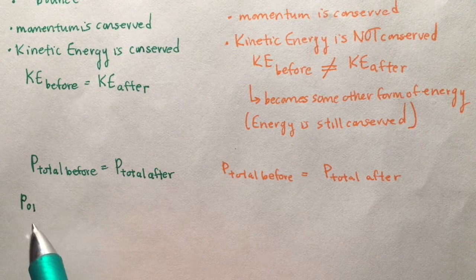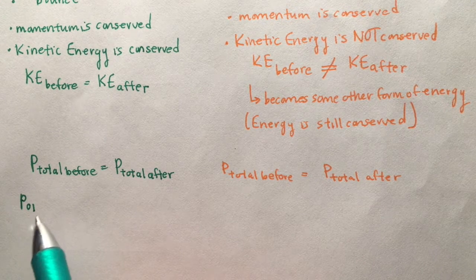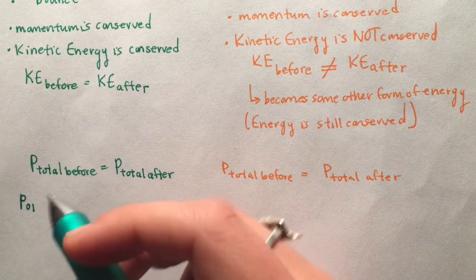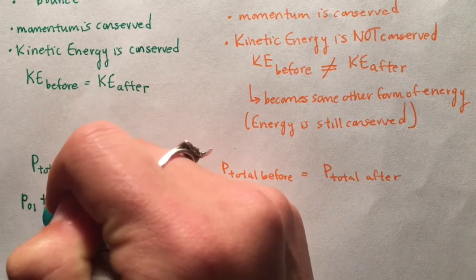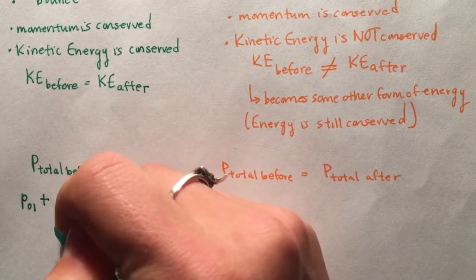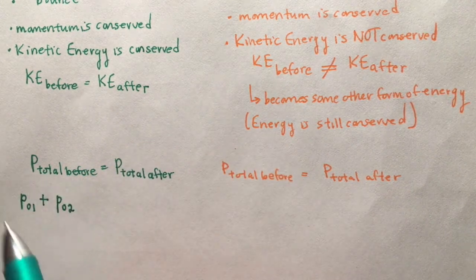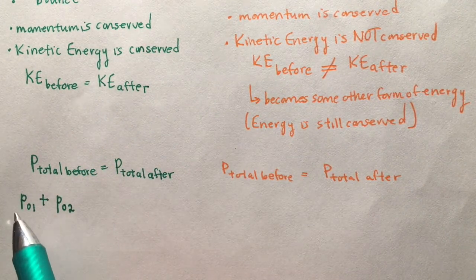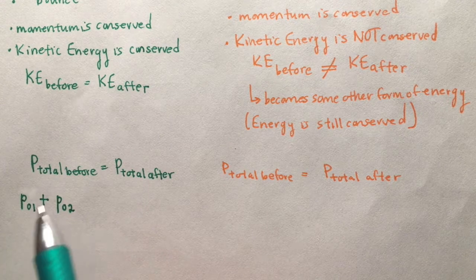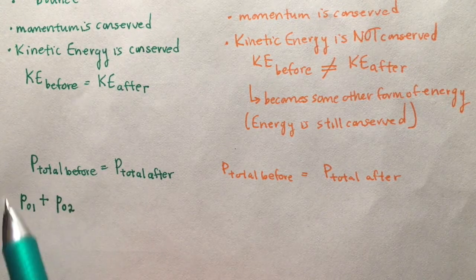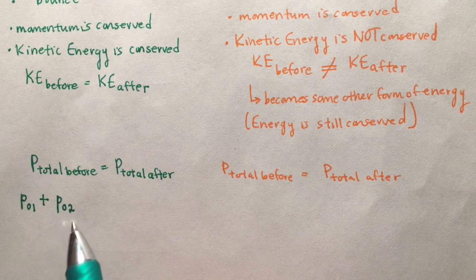So p01 is the initial momentum of the first object plus the initial momentum of the second object. By adding these two together, the initial momentum of each of the objects before the collision, I get the total momentum of the system before the collision.